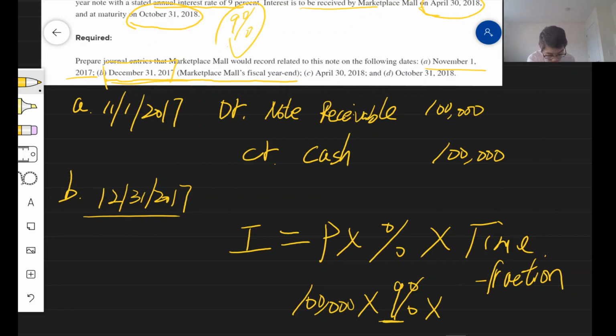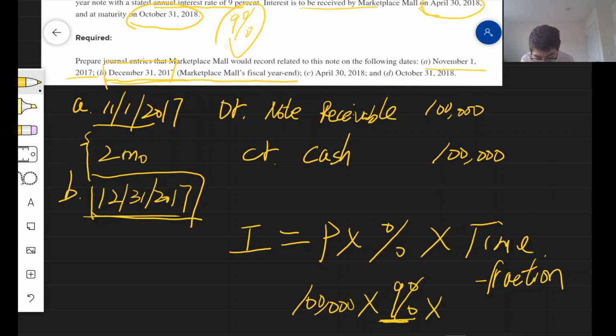This is a 1 year interest, and at this date, December 31st, 2017, from the issue date, which is November 1st, we have lent out money for 2 months, right? So for lending this money for 2 months, how much interest revenue do we have to recognize for 2 months use of the principal?